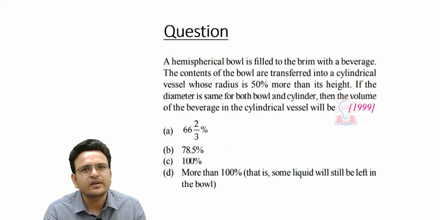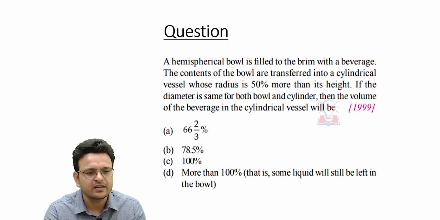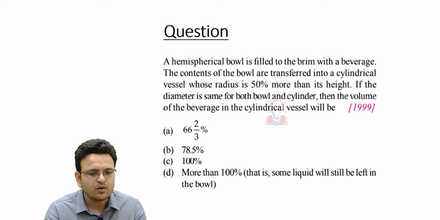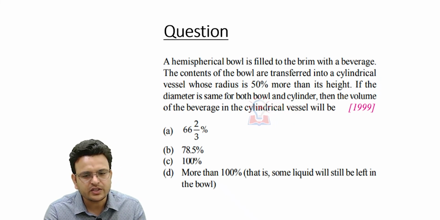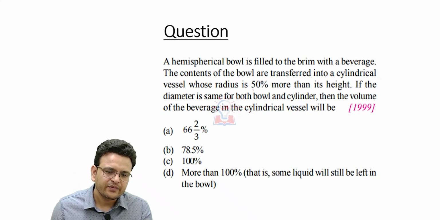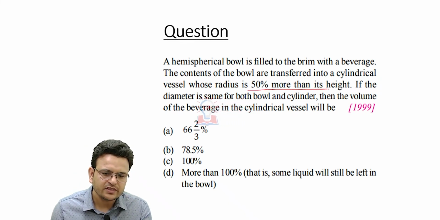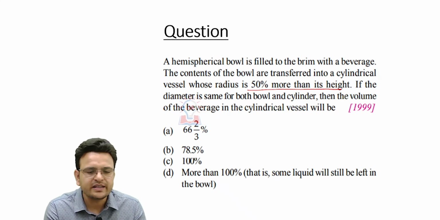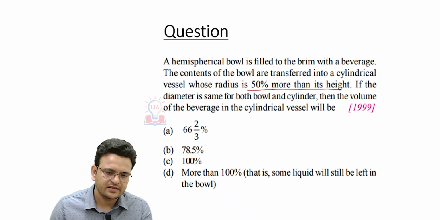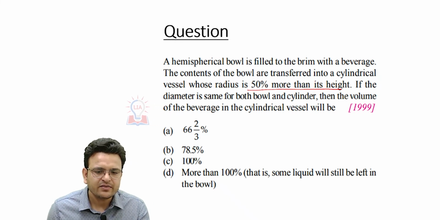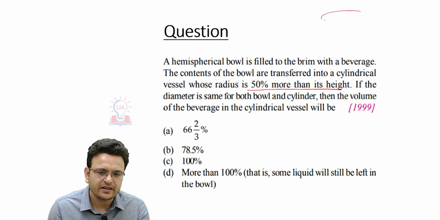Let's see one question. Question is not much difficult. A hemispherical ball is filled to the brim with a beverage. The contents of the ball are transferred into a cylindrical vessel whose radius is 50% more than its height. Okay, so we have a cylindrical vessel like that.